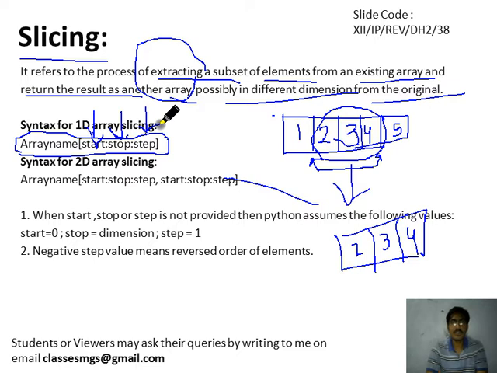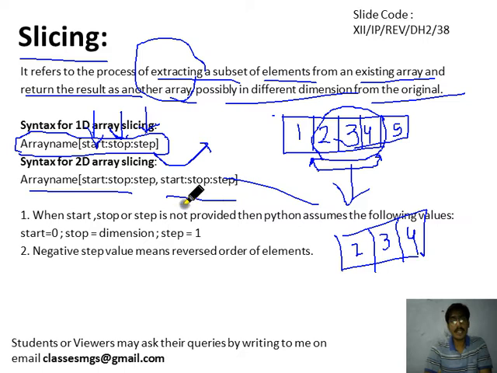If we want to extract all the regular values from start to stop position, then we use step 1. If you want to extract every second value between start and stop, then we will use the step as 2. So keep this in mind.